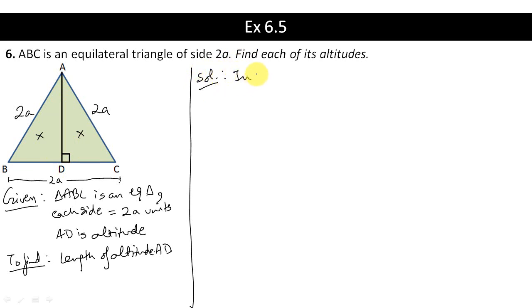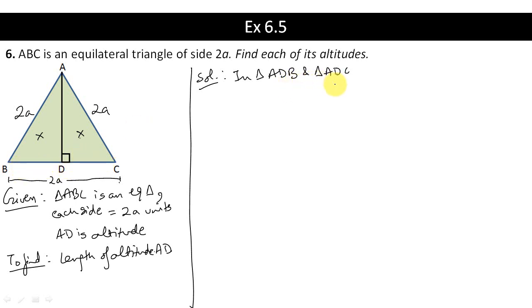So in triangle ADB and triangle ADC, although many of us know that in case of an equilateral triangle, the altitude will bisect the base, that is BD will be equal to DC.